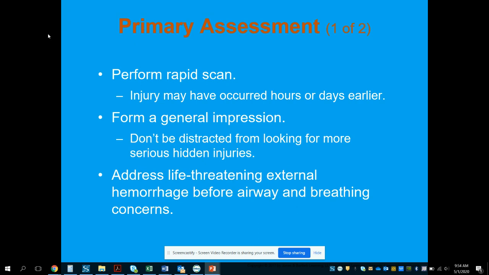So we want to form our general impression, again, not being distracted by any type of gross looking hemorrhage or broken bones, injuries that might not be life-threatening or that can be managed fairly quickly with hemorrhage control, but making sure we're doing that assessment to really look at what could be a potential life threat like internal bleeding or airway and breathing concerns.